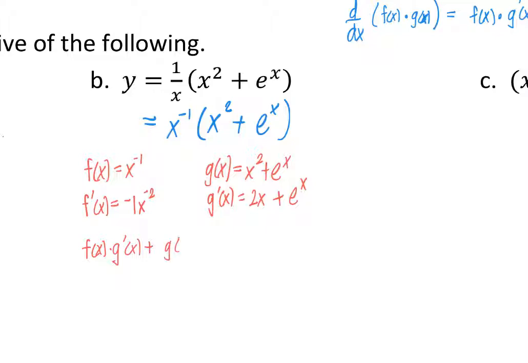Because it just helps me memorize it and helps me hold myself accountable whenever I am plugging things in. So, first function, I literally copy and paste it, and we said that was x to the -1. G prime, or the derivative of the second, we said was 2x plus e to the x.